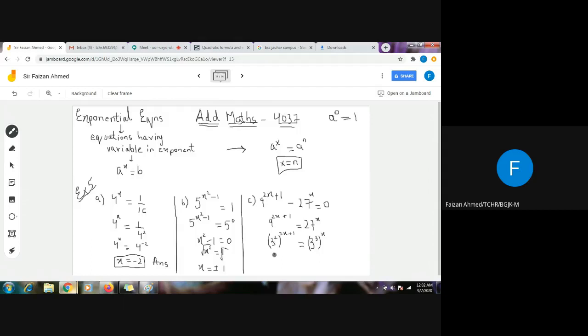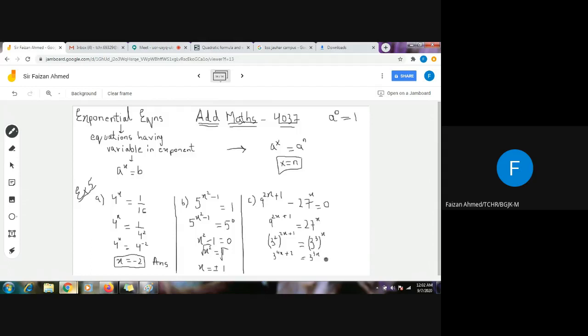So this will be 3, and this 2 will be multiplied with 2x, it will become 4x. And this 2 will be multiplied with 1. 2 times 1 is 2, and this is again 3, and it will be multiplied with x, so it will become 3x.